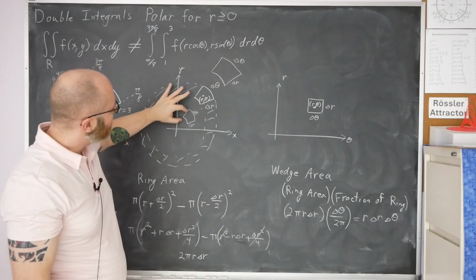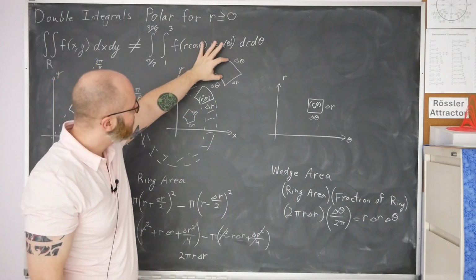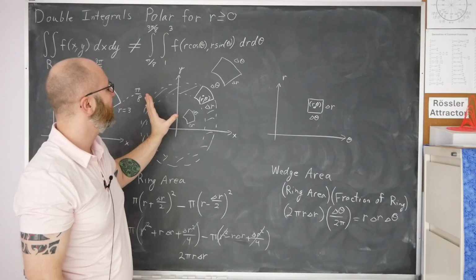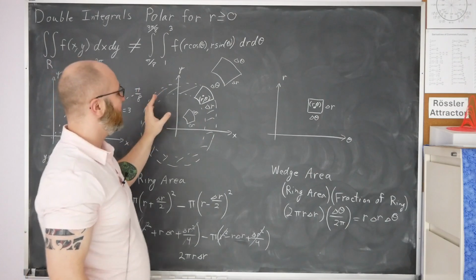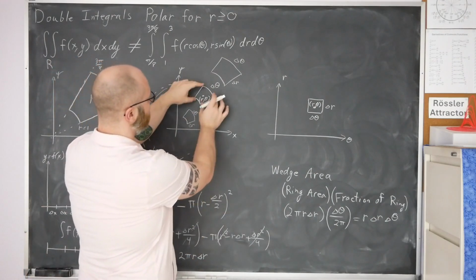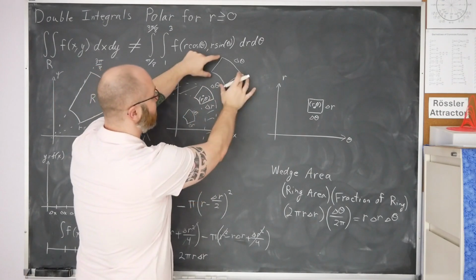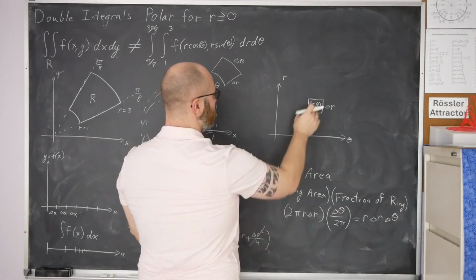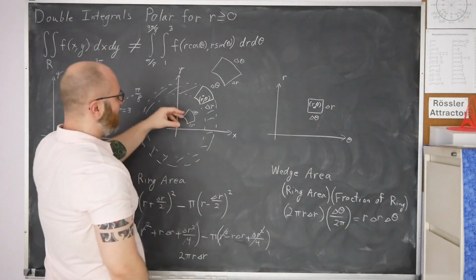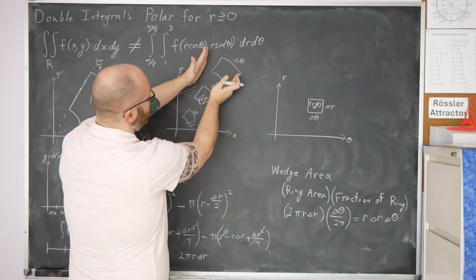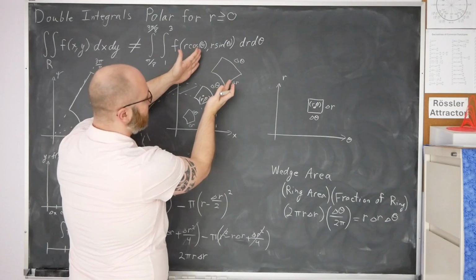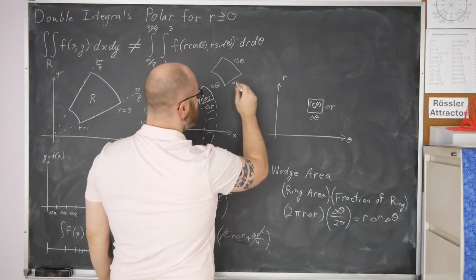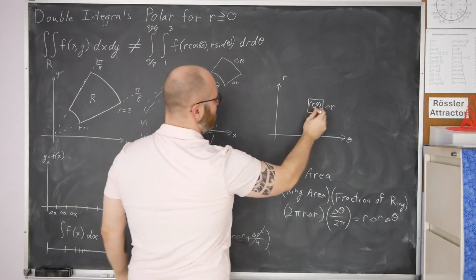The further away this wedge is from the origin, the more delta theta is stretching it out. So to compensate for that, because this square right here, and this wedge right here, and this wedge right here, all end up being the same square size over here, to compensate that the wedges are getting bigger the further from the origin you are, meaning the bigger that r is, we're going to multiply this area by r.